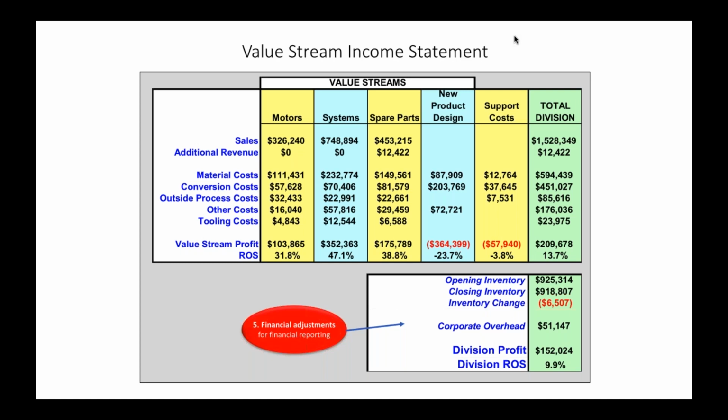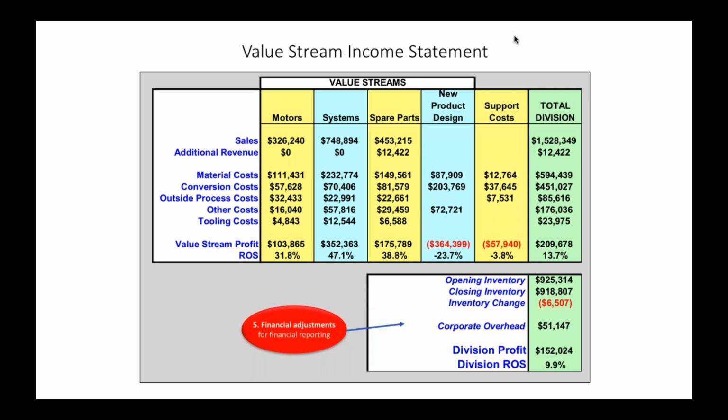The bottom box is really the financial adjustments that need to be made by accounting to bring a value stream statement into compliance with generally accepted accounting principles or other corporate reporting requirements. This typically would be the change in the valuation of inventory. In this case, inventory went down by $6,507.